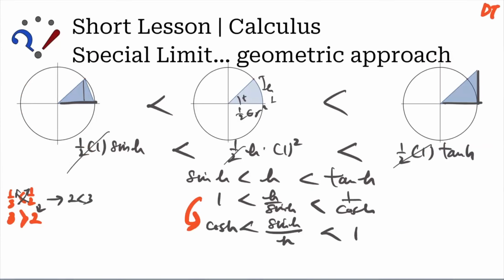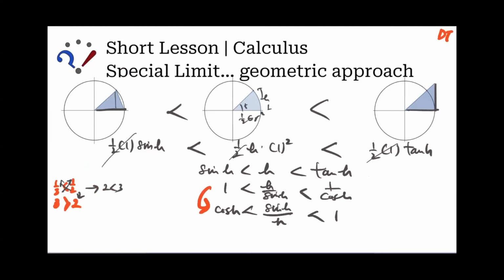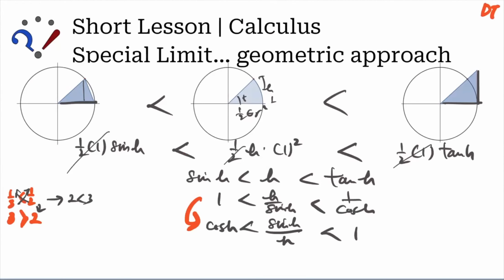Now, here is the question for you guys. What happens? What is the limit as h goes to 0 of cosine of h? It is 1, isn't it? And the limit as h goes to 0 of 1 is just 1. So sine of h over h has to be in between those two values.